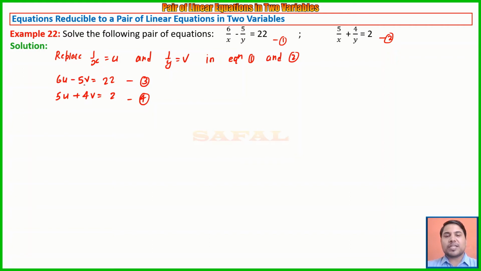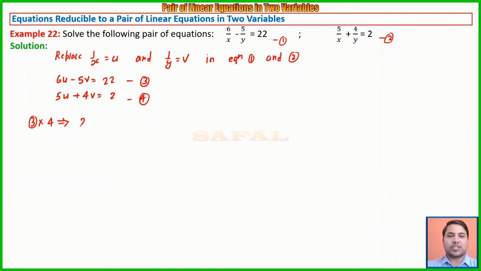These two equations I can solve by any of the three algebraic methods which we have studied. I am going to make use of the elimination method. Equation 3 I am going to multiply by 4.